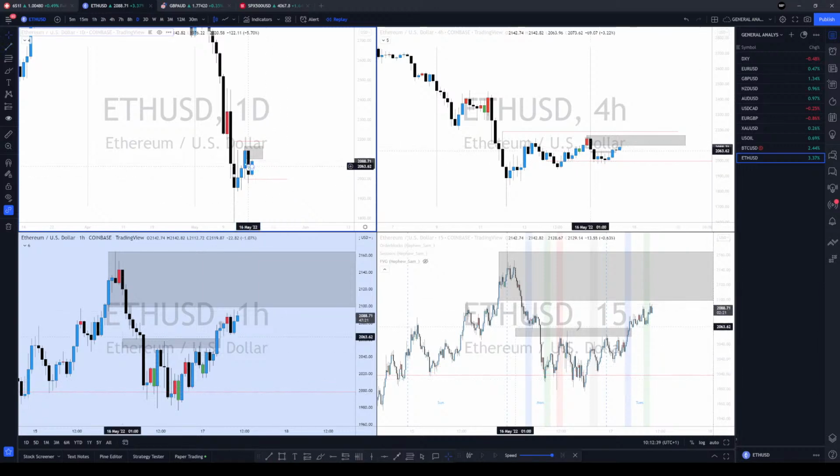It took out this previous day's low here and then rejected. So it looks like they might want to attack the liquidity above this day's high into that bearish order block and then go lower. So watch that, right?